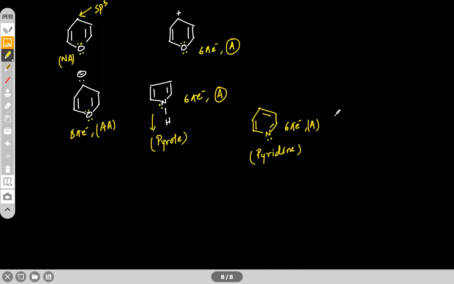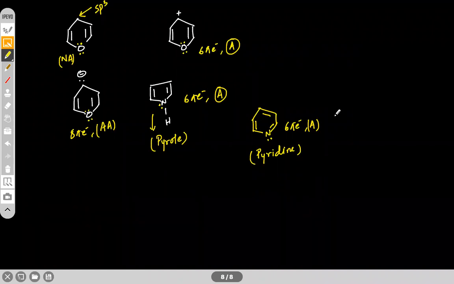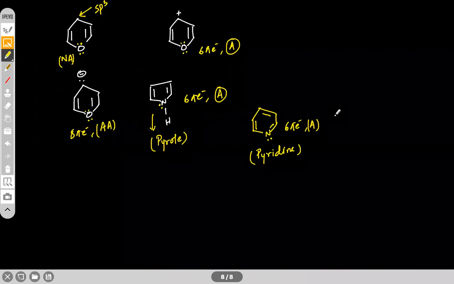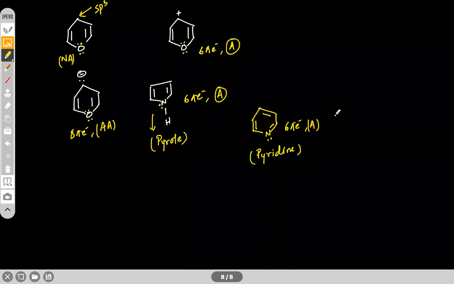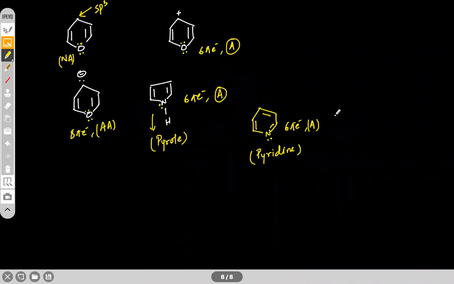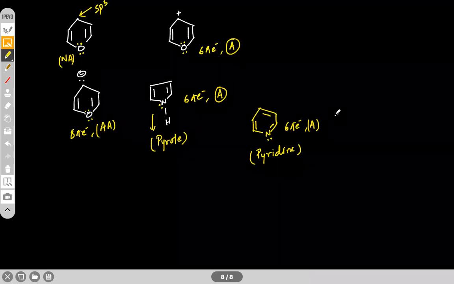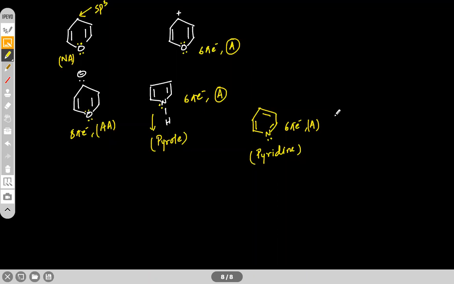One point to write down: if the nitrogen atom is sp2 hybridized, then the lone pair present on the nitrogen atom is not involved in resonance.